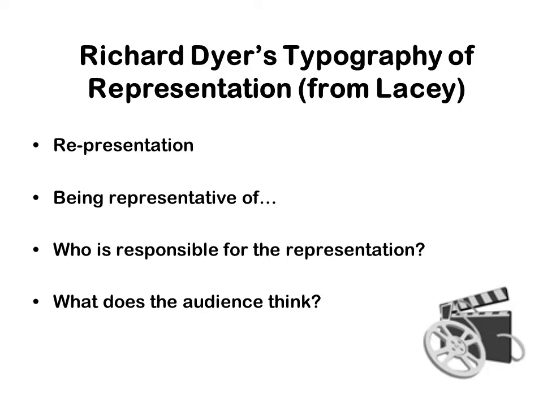So far in this course we have discussed the construction of the moving image in terms of a number of elements, and in this lecture we will discuss representation, which is all the media language and how it is used to represent the filmic world to the audience.